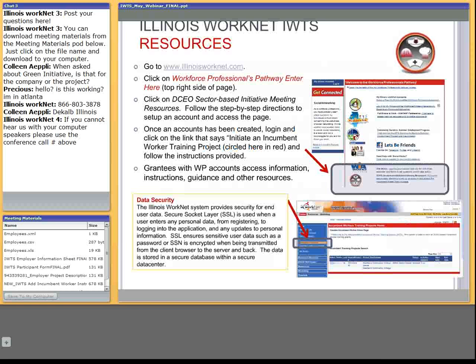When these individuals come up and voice these concerns, just encourage them to go on and start their Illinois WorkNet accounts, because that way they are the only ones that have access to that information, and it's a safe and secure way for them to submit it for you. So that's another option to have.